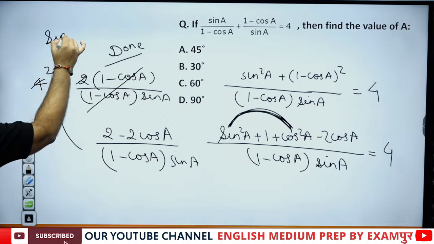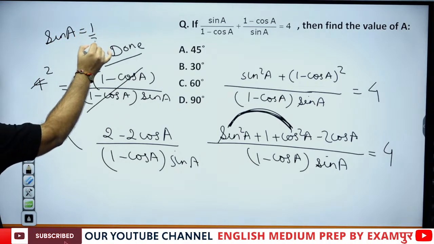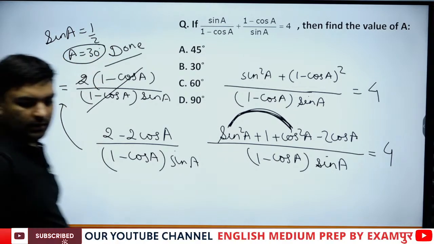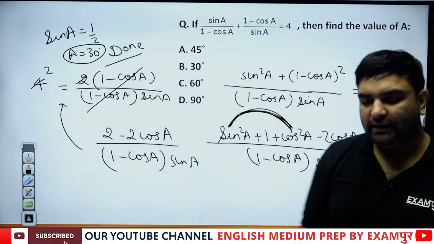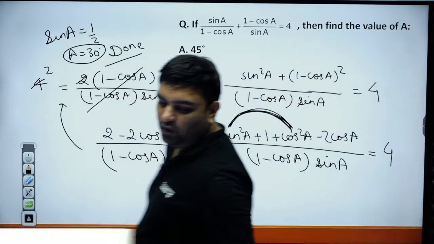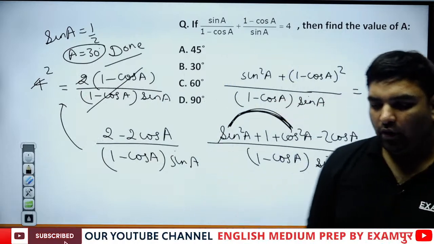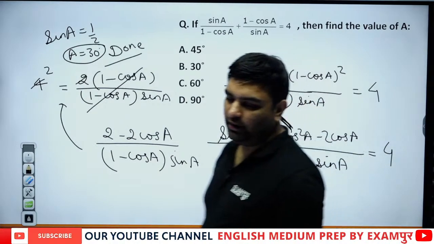Sin A comes out to be 1 by 2. A is 30 degrees. Clear? So there was a use of the identity, that was the reason for taking it. Clear?